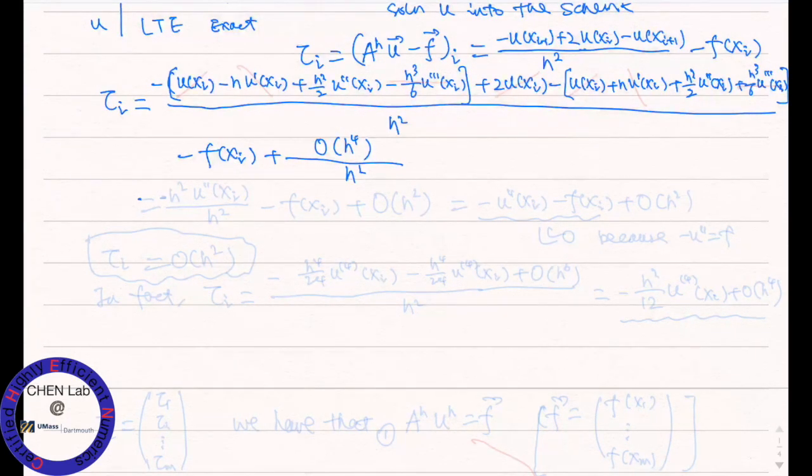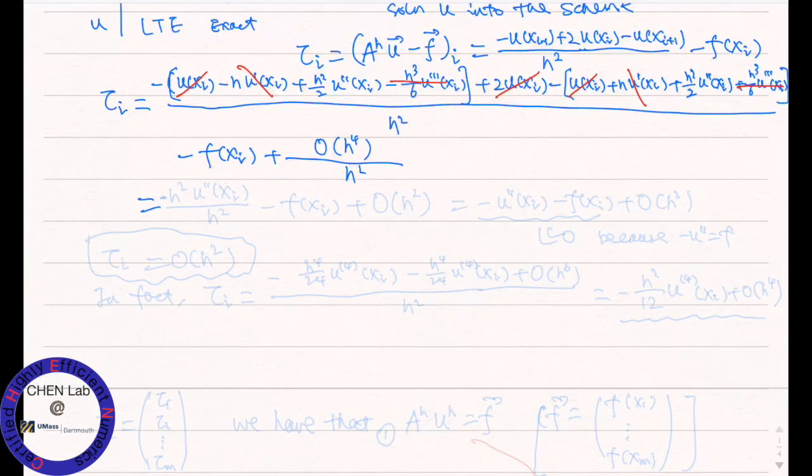If you look at that, what you have is that these 2u(xi) and minus u(xi) would cancel. Okay, and h u prime and u prime would cancel, and clearly this would cancel with that, because negative becomes plus, and minus that.